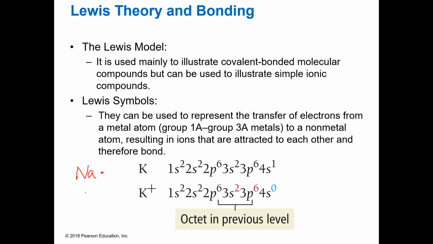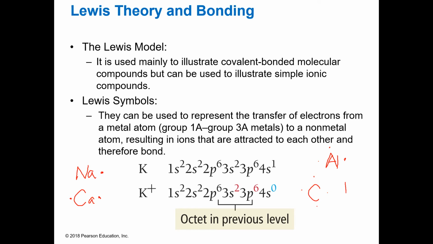Group 2, where you find calcium, has 2 valence electrons. Group 3, where you find aluminum, has 3 valence electrons. Group 4, where you find carbon, has 4 valence electrons.